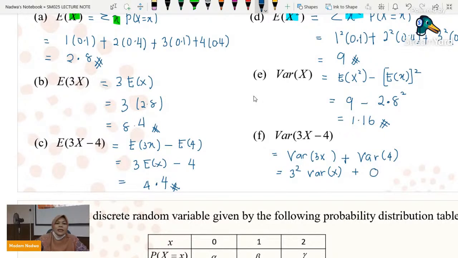Kita cakap tadi kan, kalau E(constant) is the constant itself, tapi kalau variance of the constant is equals to 0. So we have 3 squared Var(X), it's 9 times Var(X) 1.16. So the answer is 10.44. So this is your Var(3X minus 4). Okay.